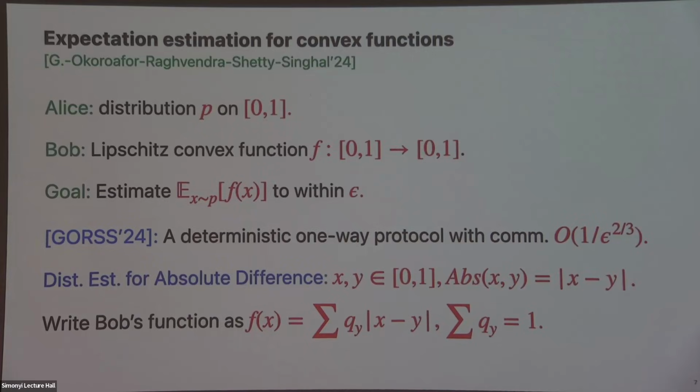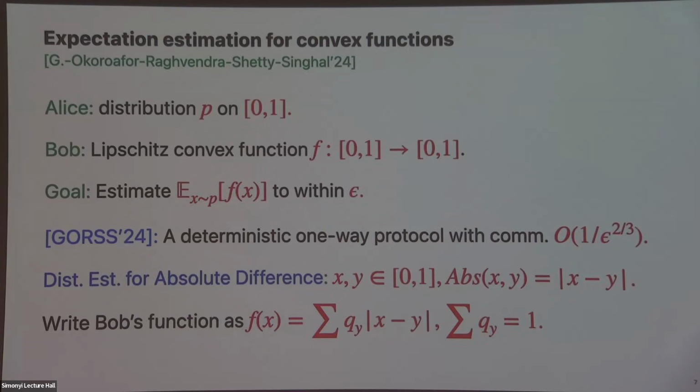So now they're just trying to solve distributed estimation for absolute difference. They are trying to answer the question, what is the expectation for x drawn from P and y drawn from Q of the absolute difference of x minus y? So this is another instance of distributed estimation.